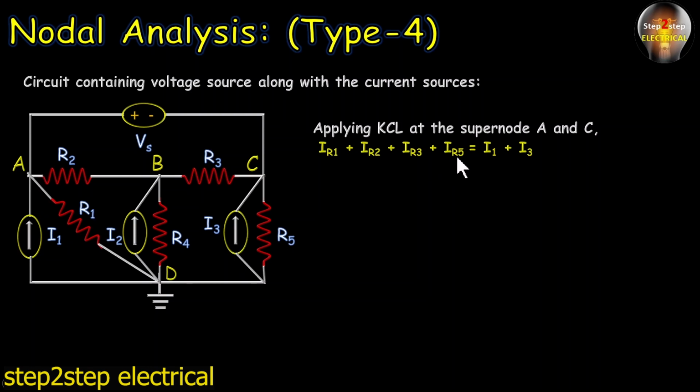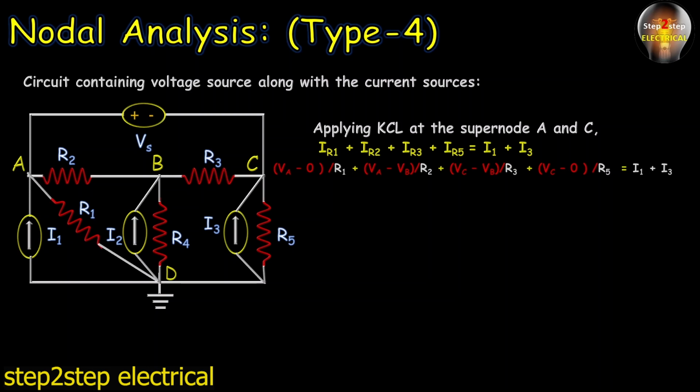These all are outgoing currents and these are incoming currents. So we can write this equation: VA minus 0 upon R1 plus VA minus VB upon R2 plus VC minus VB upon R3 plus VC minus 0 upon R5 is equal to I1 plus I3. And this is the first equation.